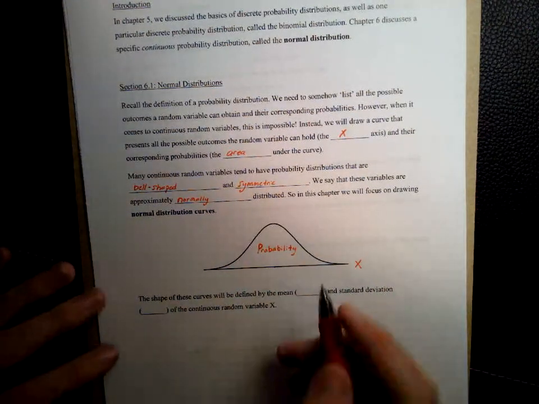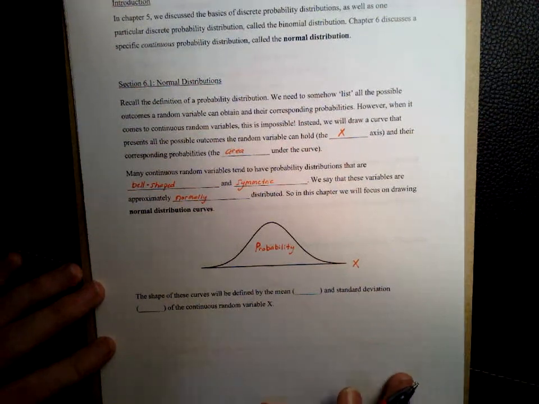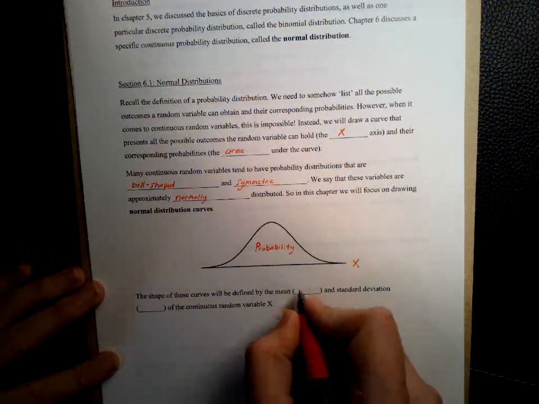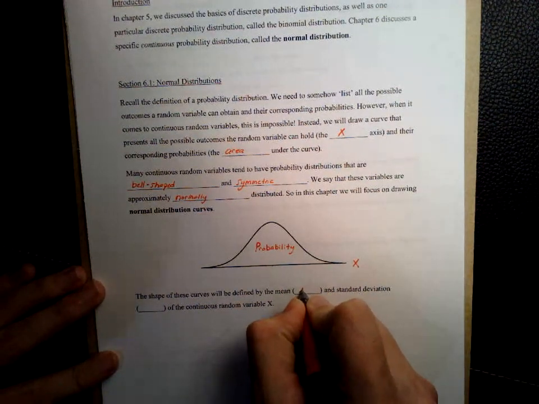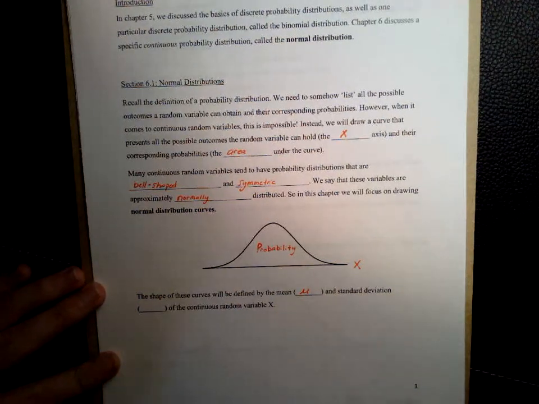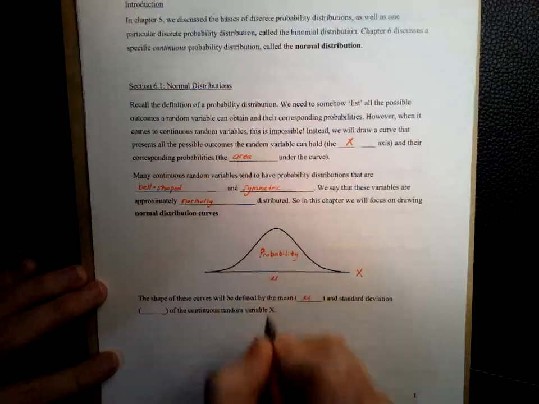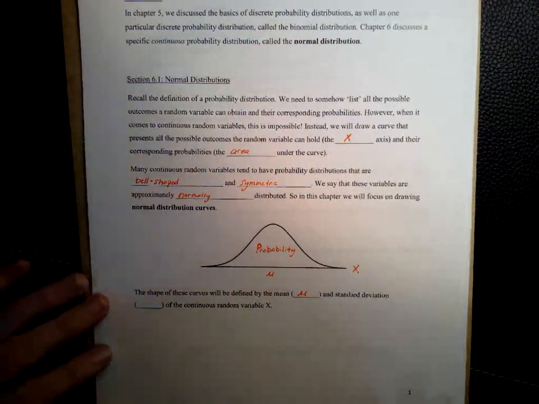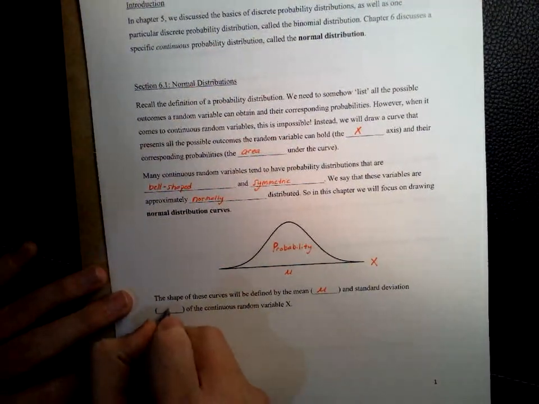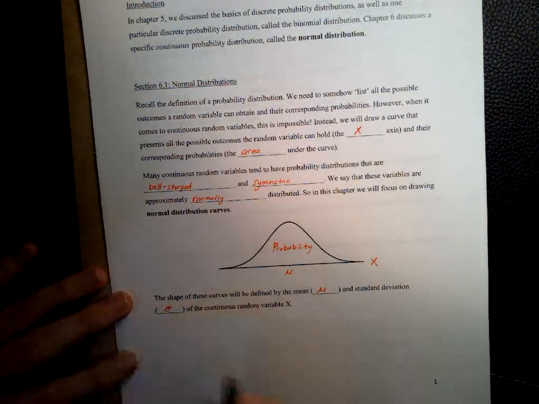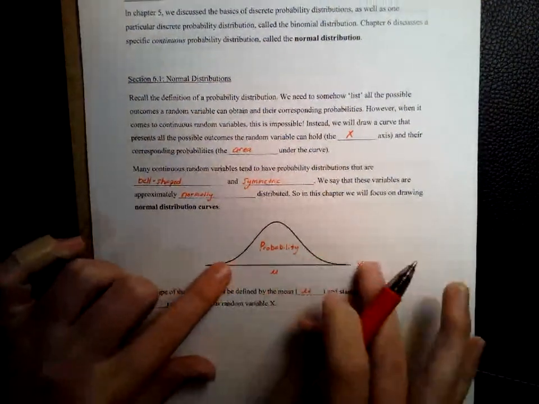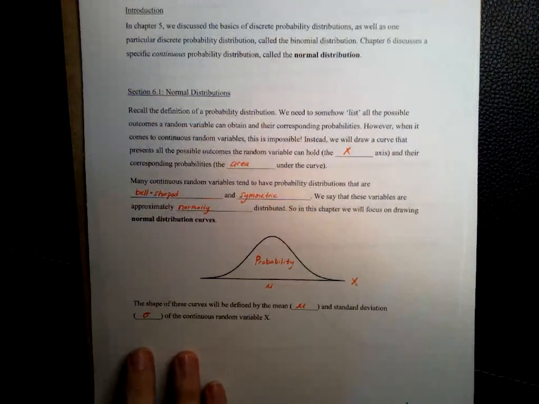Now, the shape of this curve will be determined by two different parameters: the mean mu, which is where the center of the distribution is. For this example, the mean is right here in the middle, mu. And the standard deviation, sigma, will determine how spread out the actual distribution is.